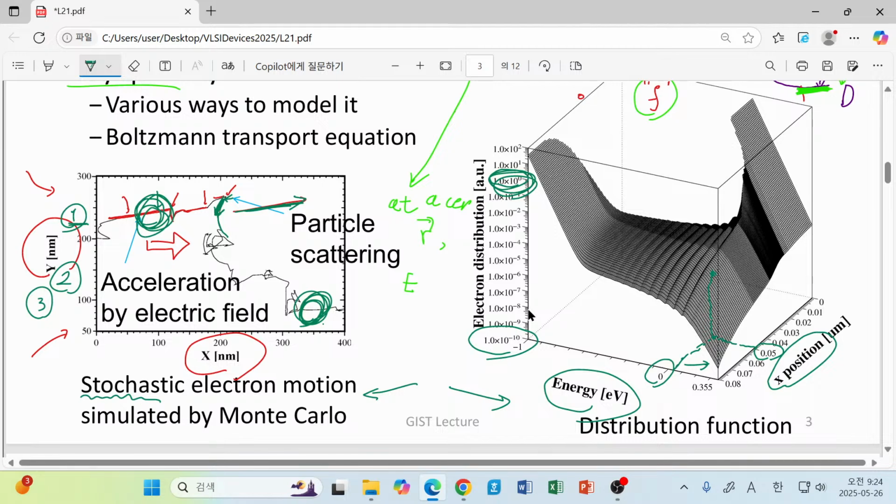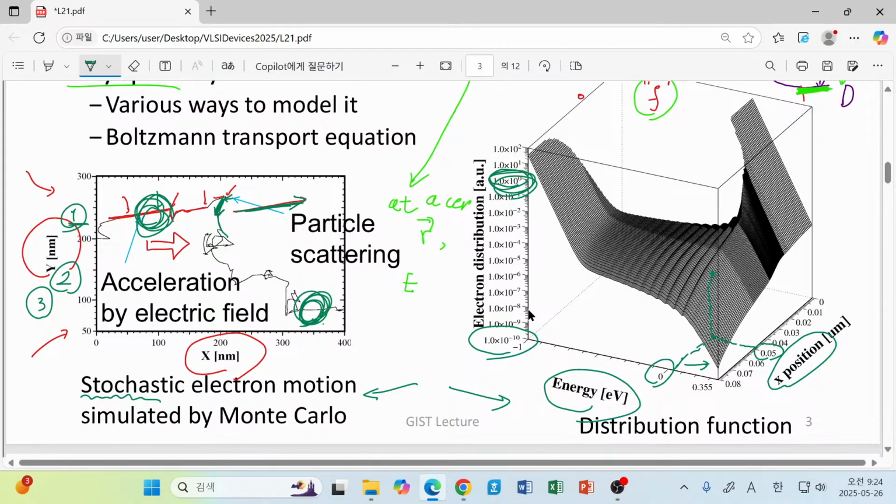Then you will have a certain number. It can be 10 to the minus 5, 10 to the minus 3, 10 to the minus 1, something like that. Then depending on its magnitude, you may say that, oh, here we have almost no electron, or here we have many electrons.